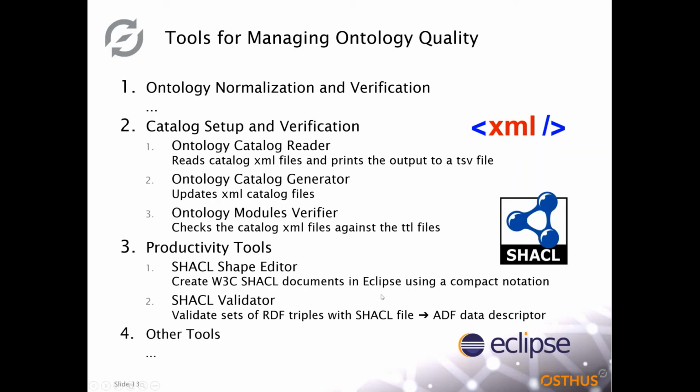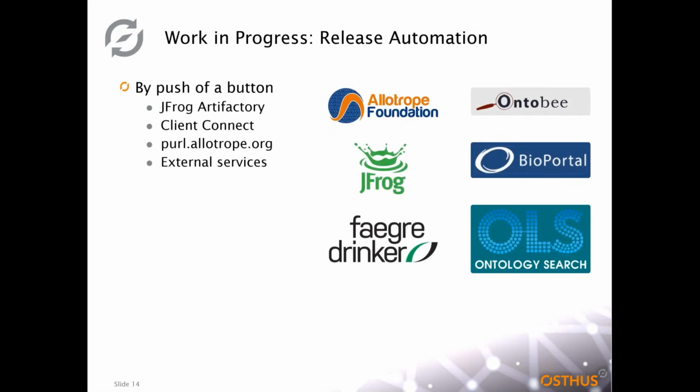Let's move on to the other tools we have, which feeds into what I've started working on right now, which is to automate pushing our release to various sites. So the general idea is we just push a button in the GitLab CI and the current AFO is published. That's the long-term goal. And we want to publish to different sites.